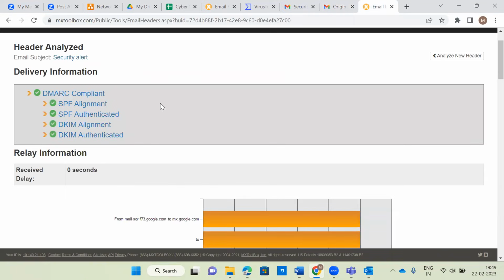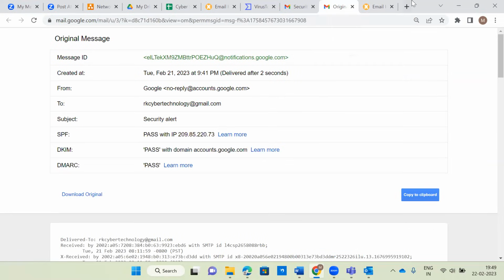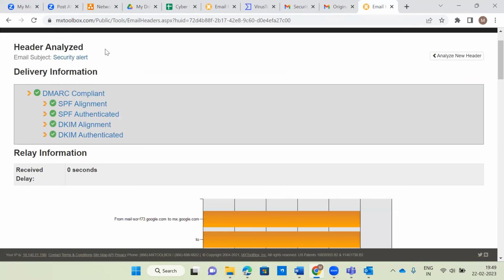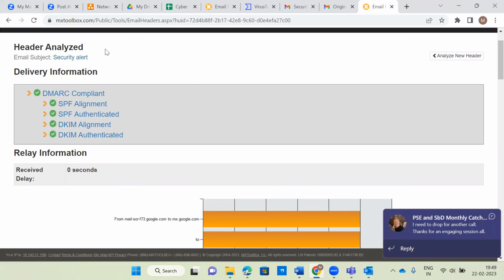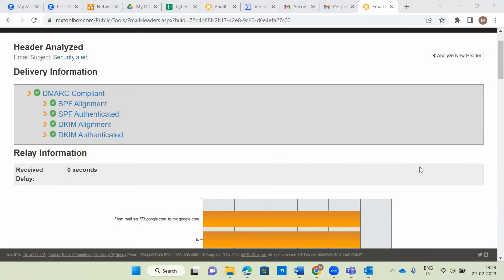Maybe you have a question: whatever email I am receiving, what is the link with MX Toolbox? These open source tools always update their database. They get reports from a couple of people, and the MX Toolbox R&D team is there. That team tracks what new phishing domains, new phishing IP addresses, new phishing URLs, and new phishing malicious malware attachments are coming.